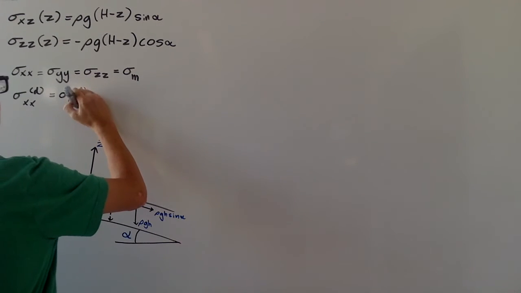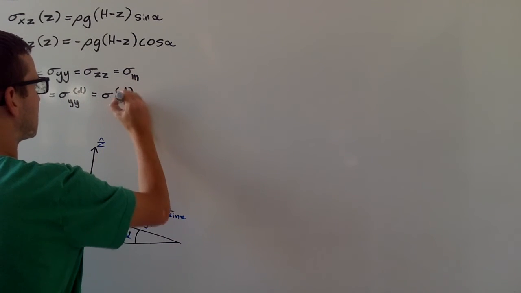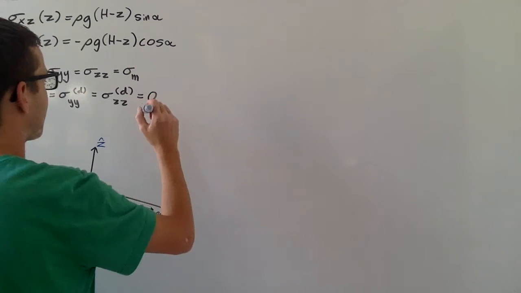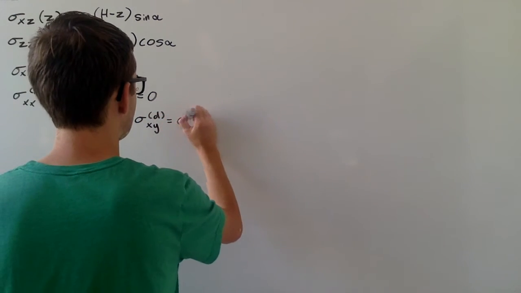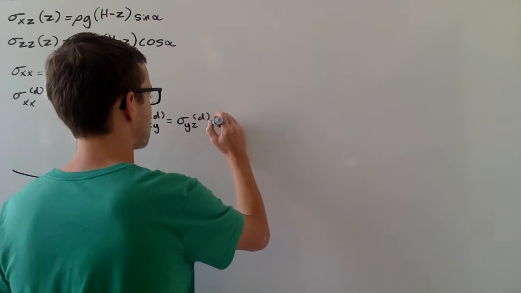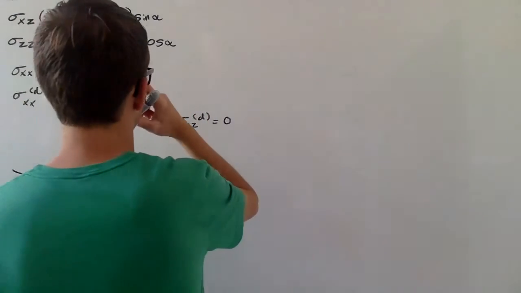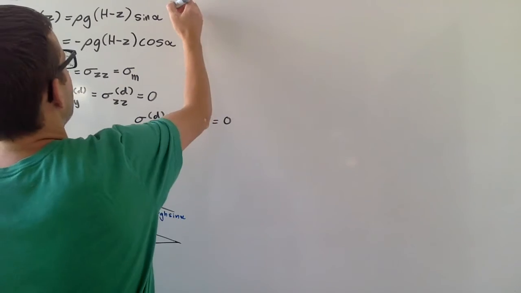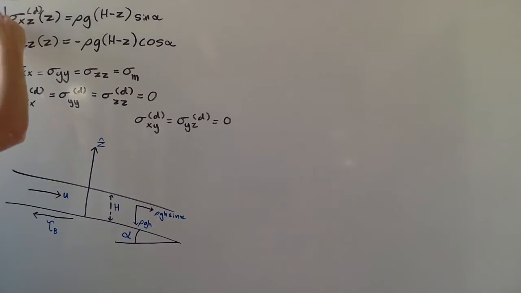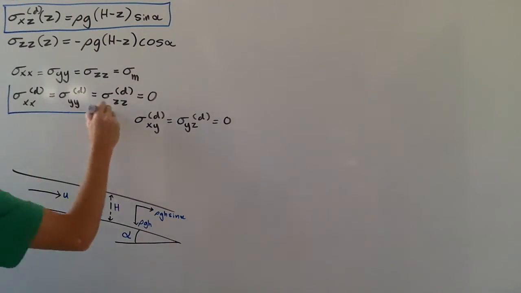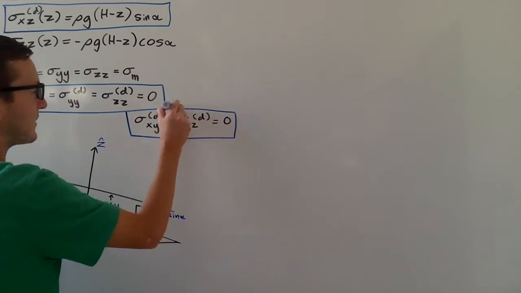Furthermore, based on our plane strain condition, the deviatoric stress tensor's components in the xy and yz directions are also equal to 0. Additionally, we recognize that sigma xz is not a hydrostatic stress. It is, in fact, a deviatoric stress. These are the equations we will use to calculate the net stress.